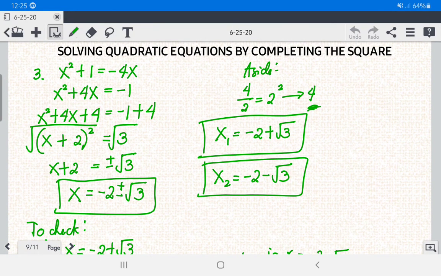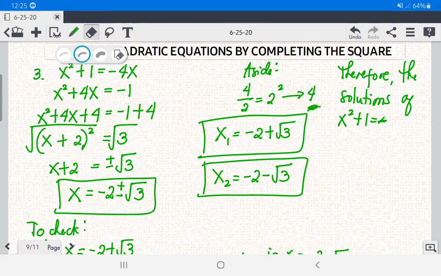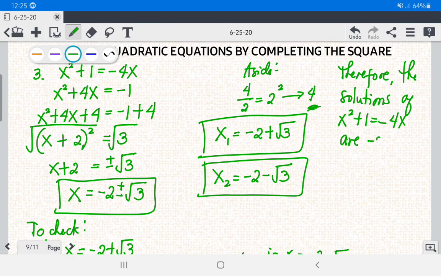Therefore, the solutions of x squared plus 1 equals negative 4x are negative 2 plus or minus square root of 3.